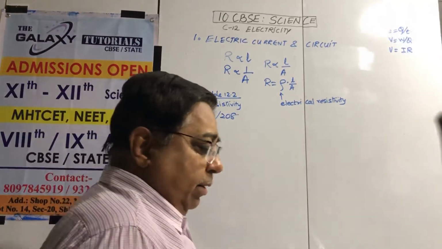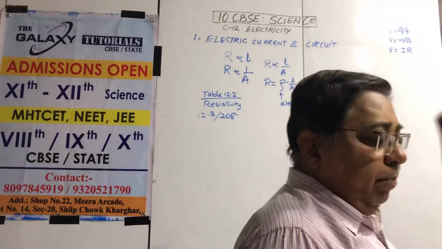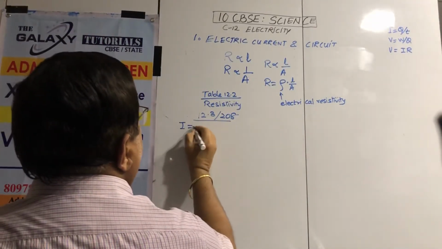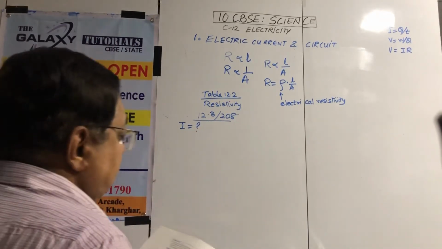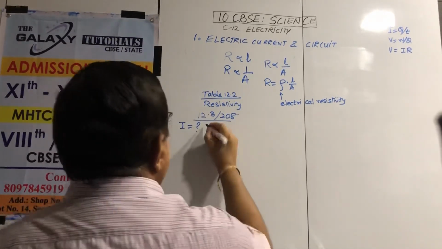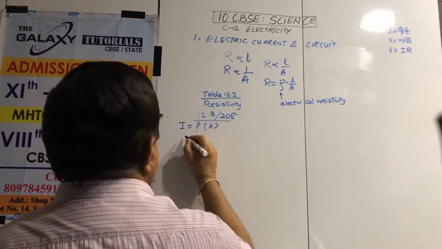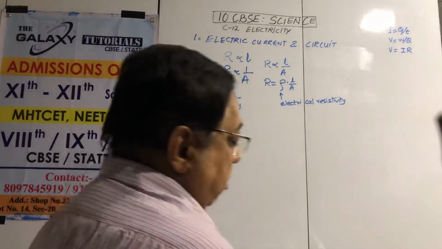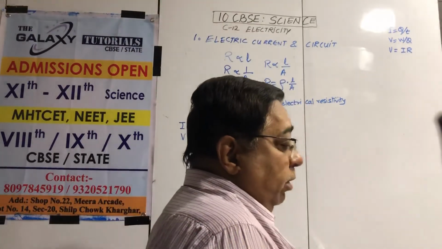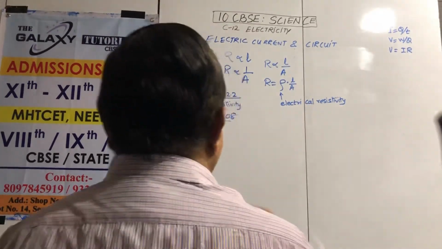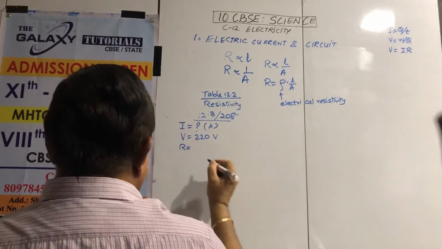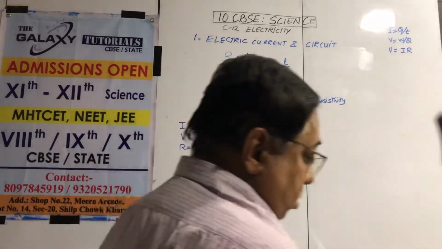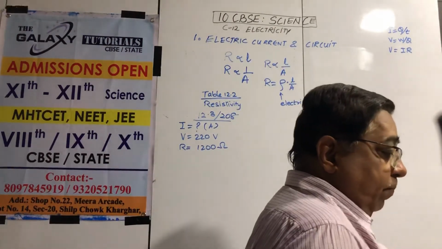How much current will an electric bulb draw from a 220 volts source, if the resistance of the bulb filament is 1200 ohms? That is the first part.